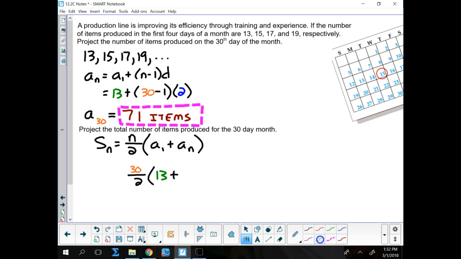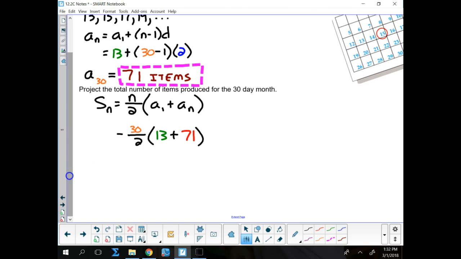My last term was 71. So what's that? 15 times 84. So the sum of the first 30 terms is what? How much? 1260?